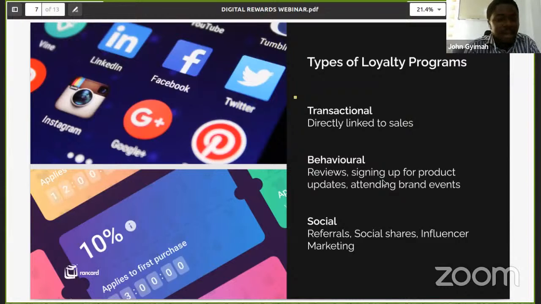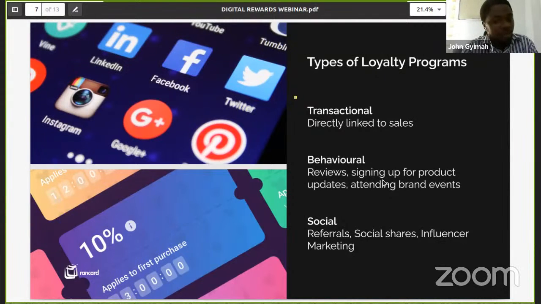The other one could be signing up for product updates. Basically, the brand will want to have an extended relationship or engagement with the consumer outside of that transaction. So being able to sign up for newsletters, being able to opt in for future product updates. This is the brand connecting to the consumer at a very deep and intimate level.